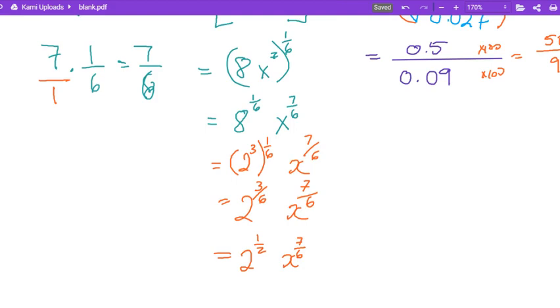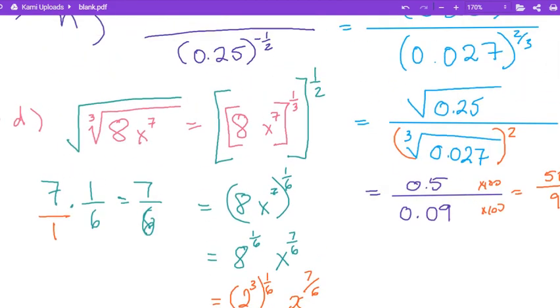And there are different ways to get to this 2 to the power of 1/2, right? I think I made it a bit of a long way. I'm going to show you the shorter way. So instead, the other way to do it, instead of multiplying these two exponents, we could have first done the inside exponent, right?